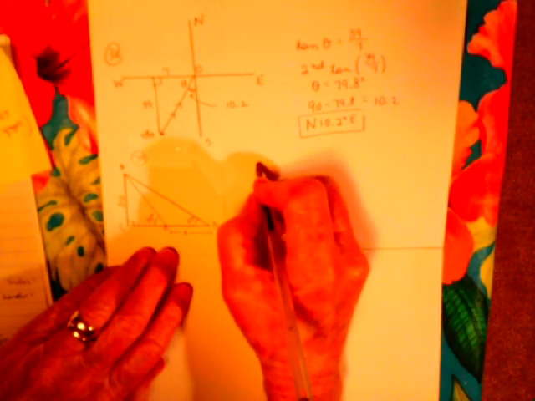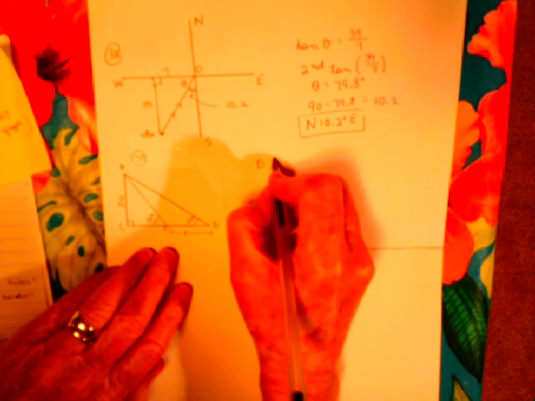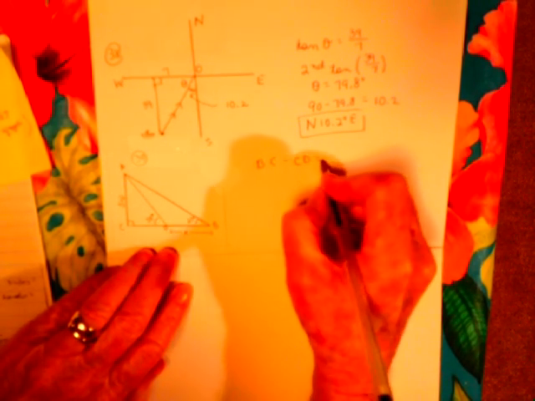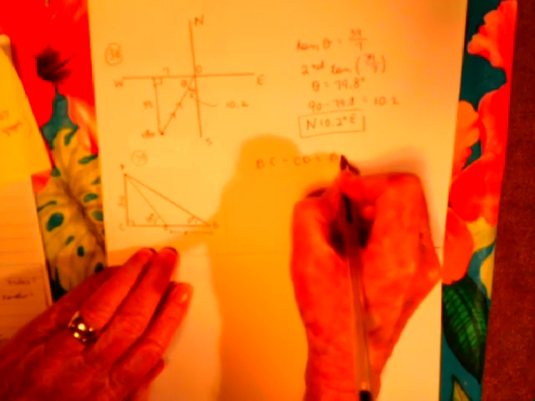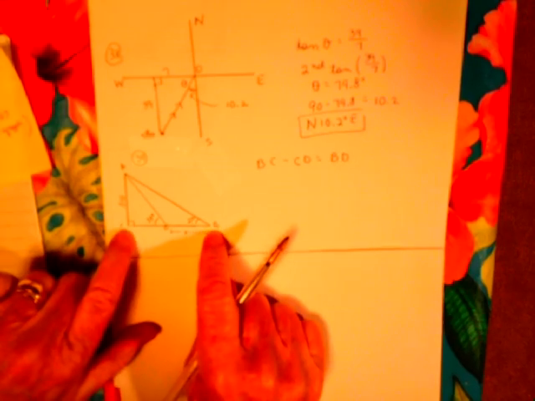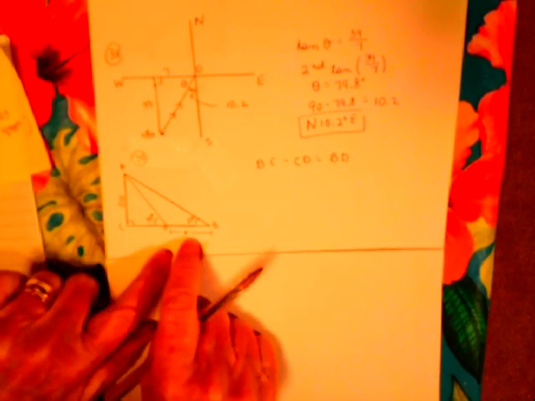Notice that BC minus CD would give me that BD that I'm looking for. This whole thing minus this little part will give me what I'm looking for.